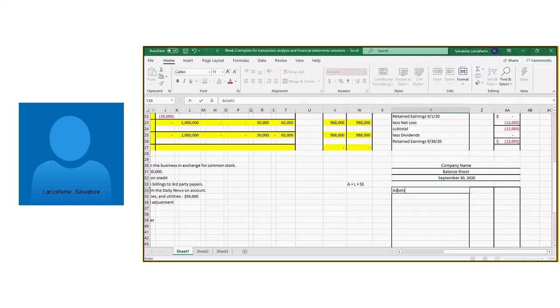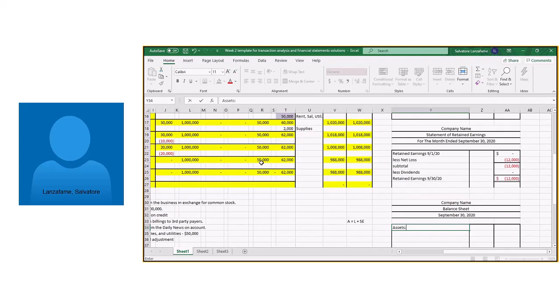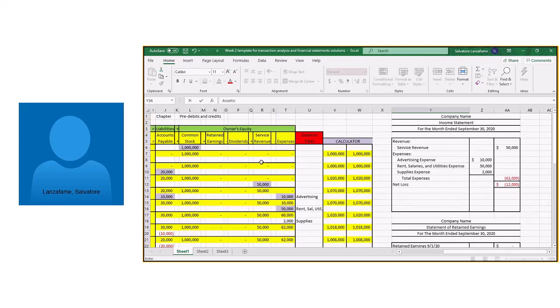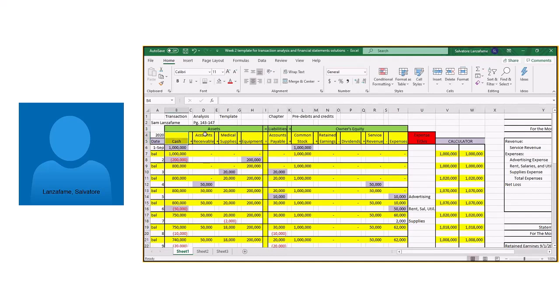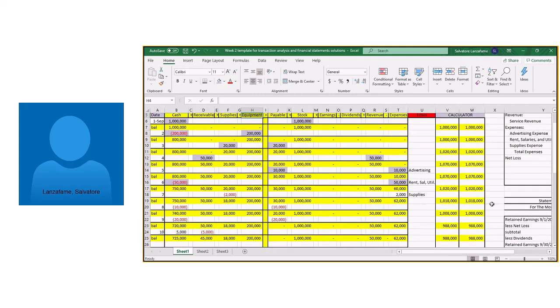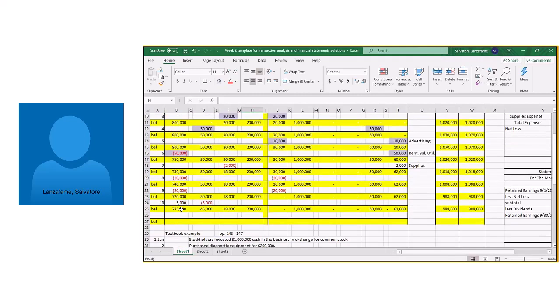So we're going to start off with assets, the heading, followed by a colon symbol. Remember, the colon symbol says be prepared to indent a list. And remember, we had cash. We're going to take all these: cash, accounts receivable, medical supplies, and equipment, and then whatever their final answers were.